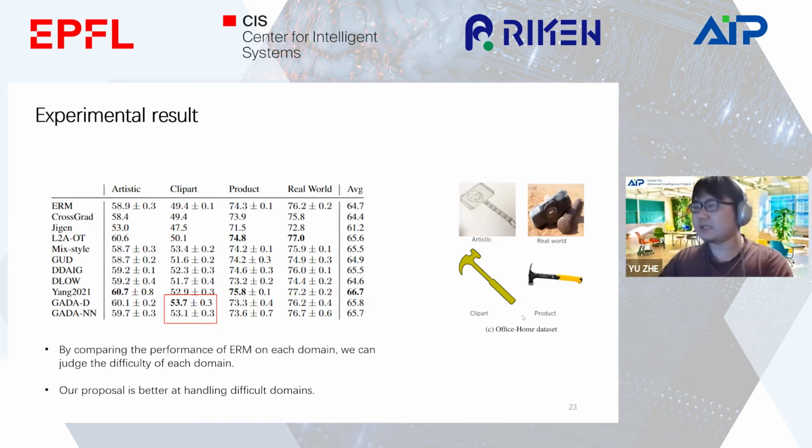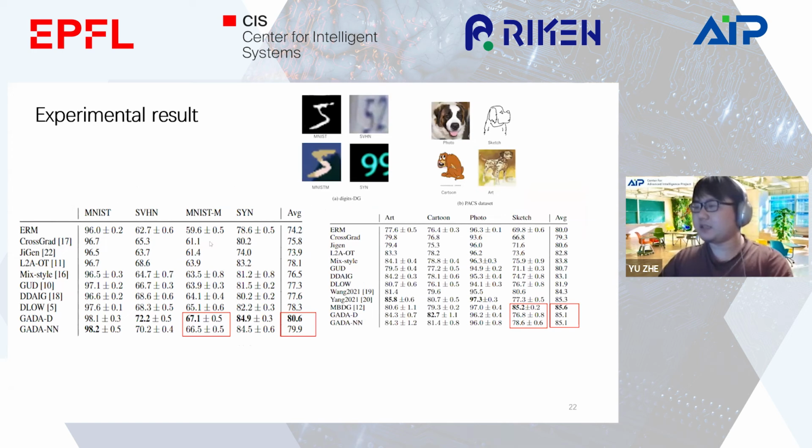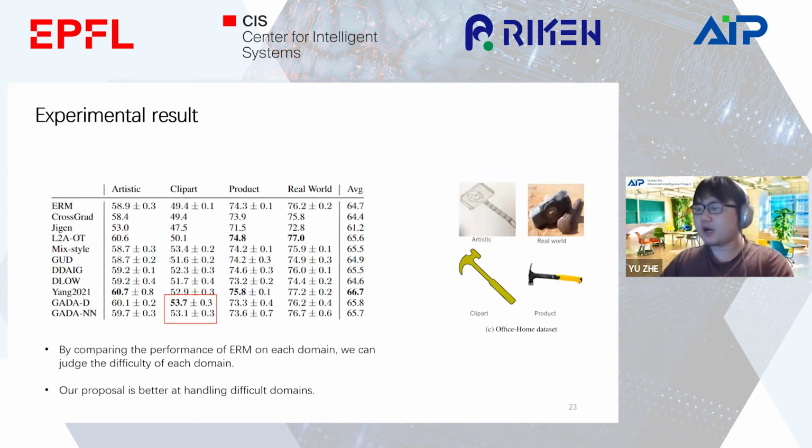On Office-Home, the most difficult domain is ClipArt, on Digits-DG the most difficult domain is MNIST-M, and on PACS the most difficult domain is Sketch. We can find that, except for MBDG on the Sketch domain, on all the most difficult domains our proposals achieve the best result. This indicates that our proposals are better at handling difficult domains. This also fits the design of our proposals: we want to train the models on the worst case distributions.